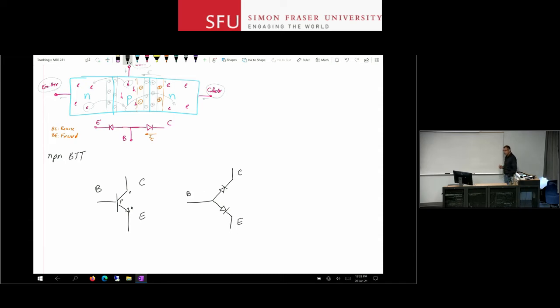Like diodes, I choose and set the voltage and current directions here for this device. So for an NPN BJT, IC goes into the collector terminal, IE comes out of the emitter terminal, and IB goes into the base terminal. So IB is like this. IC goes in, IE comes out.